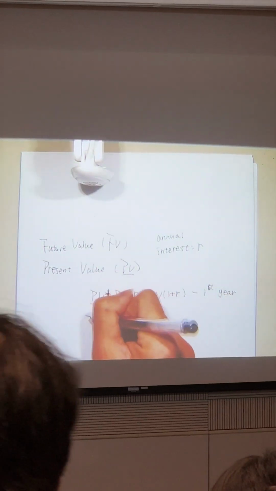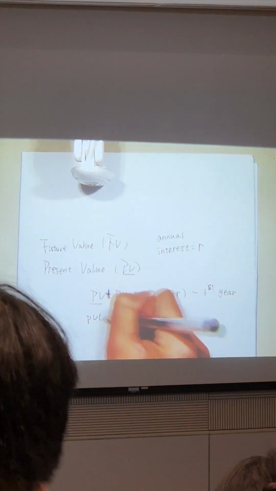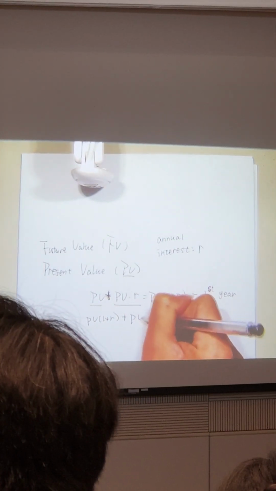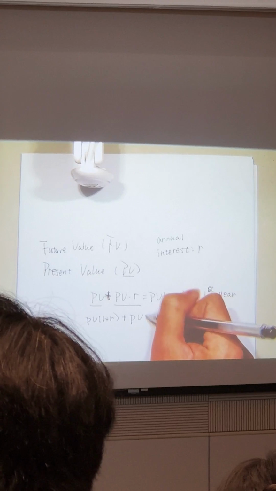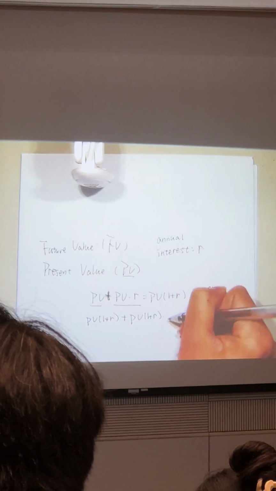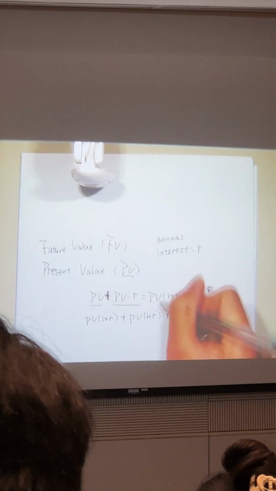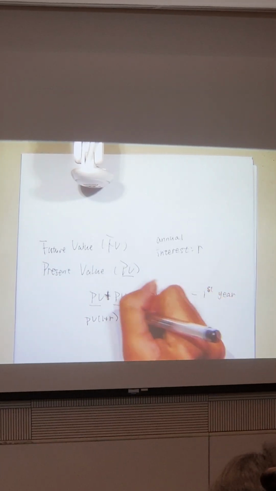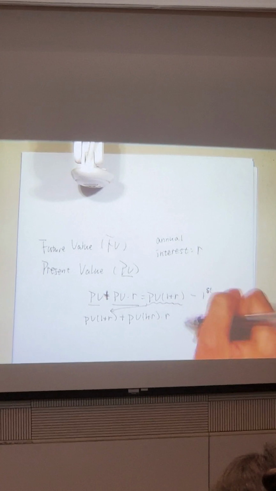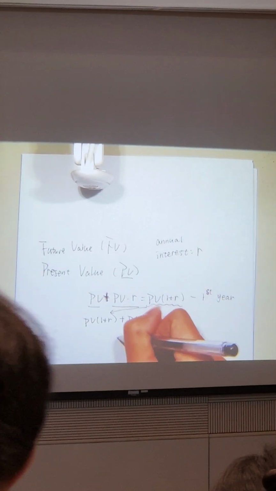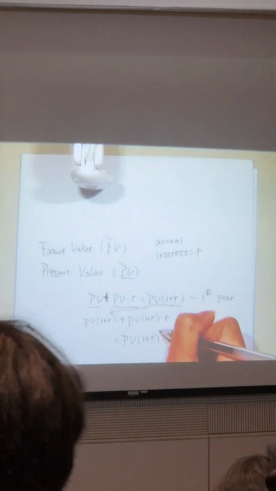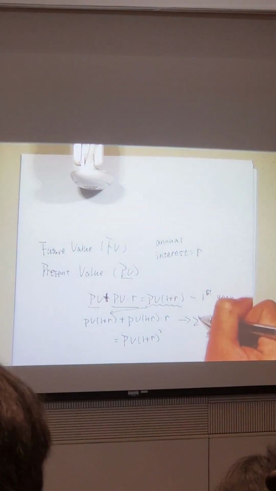In the second year, you should have PV(1 plus R) plus PV(1 plus R) times R, since this PV here becomes this, right? So we have this, which equals PV(1 plus R) squared. And this is the second year.